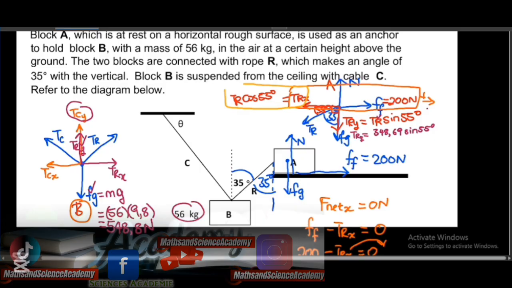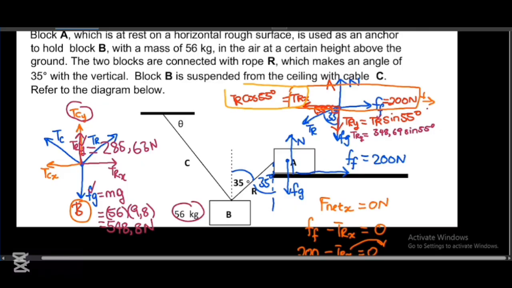Punching that on your calculator actually gives us Try equals 285.63. So go ahead and write that down. Try is equal to 285.63 newtons. Now we already found Try and Fg, so now we have to find Tcy.